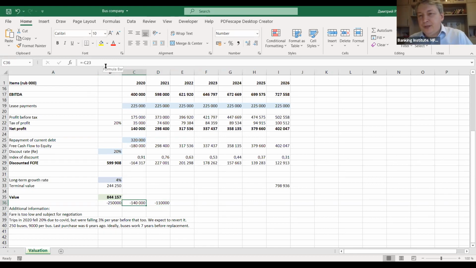So the contract is not to buy the company immediately, but to buy 50% of the company and to sign a contract to buy the next 50% of the company. And for the second 50% of the company, we will pay you anyway.